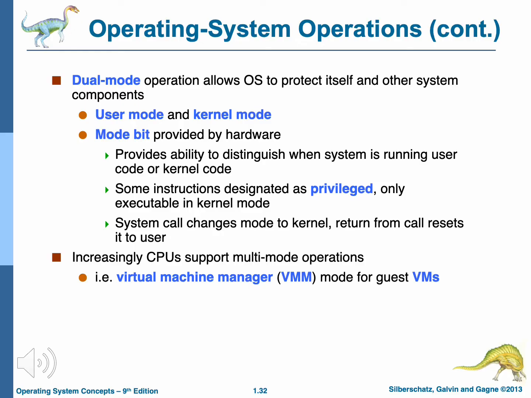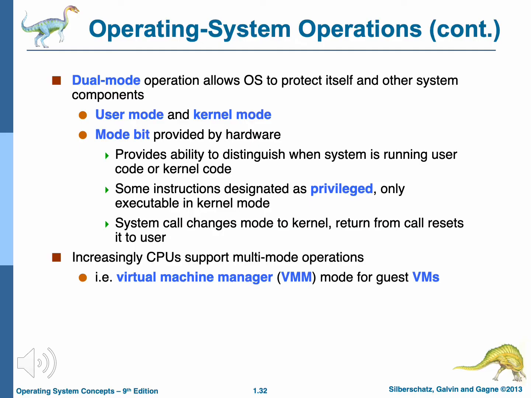A bit called the mode bit is added to the hardware of the computer to indicate the current mode: kernel 0 or user 1. With the mode bit, we can distinguish between a task that is executed on behalf of the operating system and one that is executed on behalf of the user.